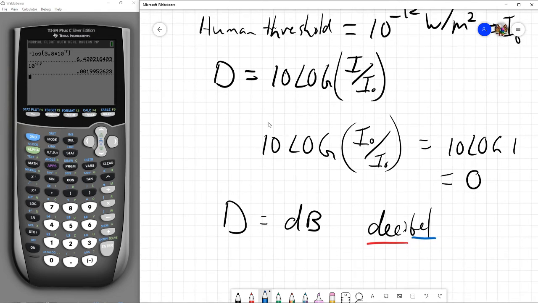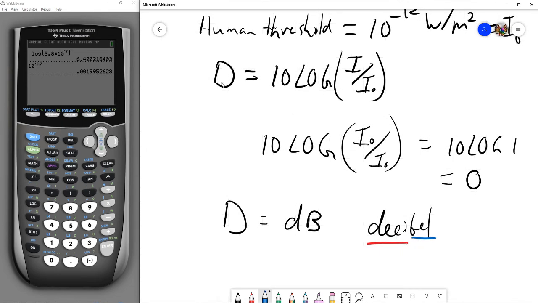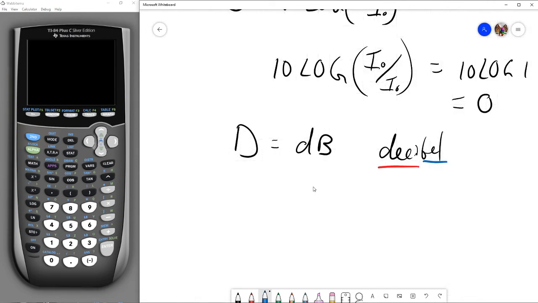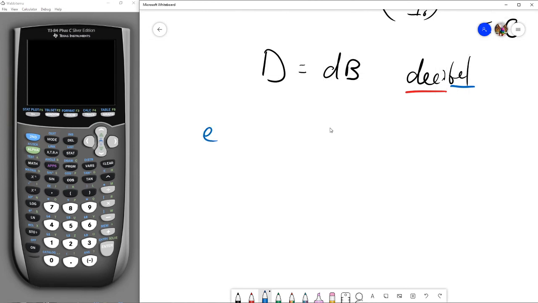So our equation, our decibels are equal to 10 times log of our observed intensity of some sound divided by the human threshold of hearing, I naught. So let's go ahead and do an example or two.